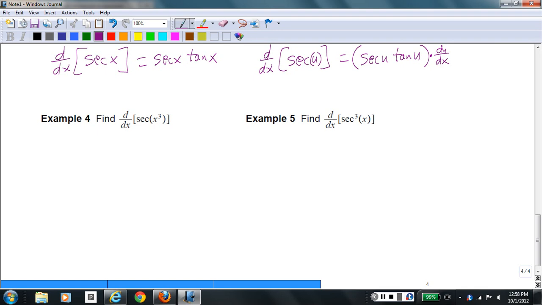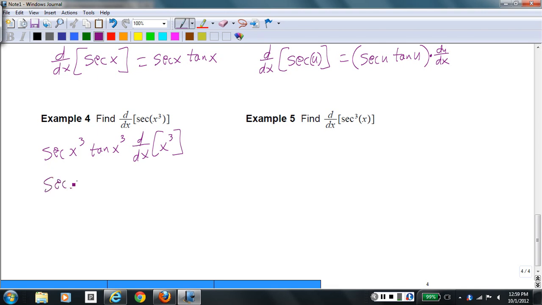That's how we do that. So this is going to be secant of x cubed times the tangent of x cubed times the derivative of x cubed. Well, easy enough, 3x squared, right?